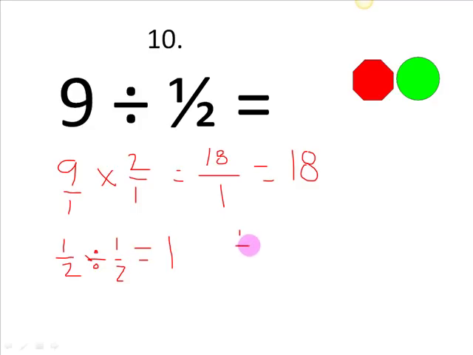But if I have 1/2 divided by 1/2, and I flip over the dividing fraction and then multiply, I should still get 1. So I have 1/2 times 2 over 1, having just flipped over the dividing fraction, and now I multiply. 1 times 2 is 2, and 2 times 1 is 2, and any number over itself is 1.